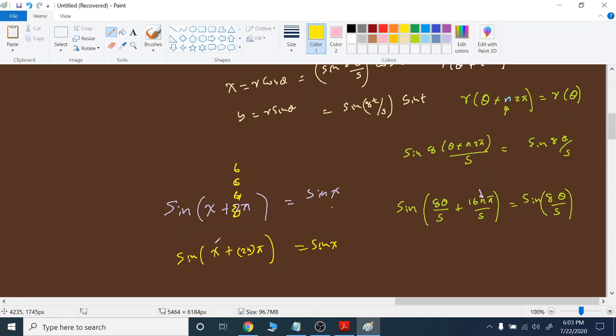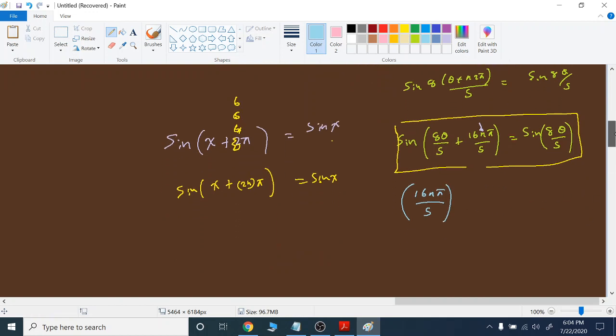So in other words, for this equality to hold true, this needs to become an even multiple of pi. In fact, what we really need is for this term, 16 n pi over 5, to be an even multiple of pi.